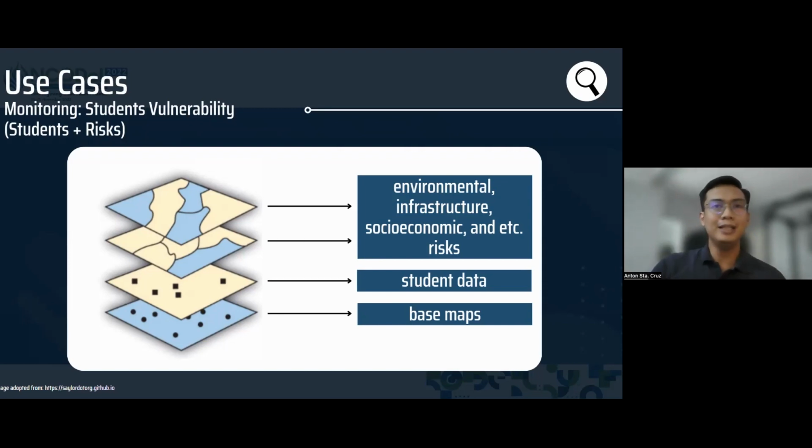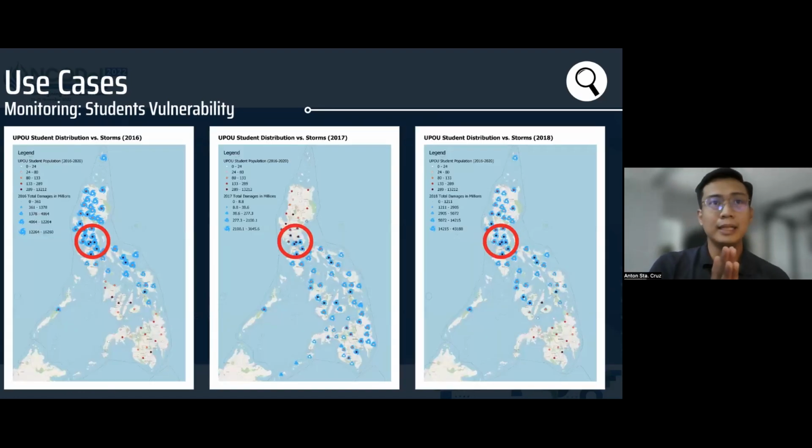Viewing the different maps of those parameters I've mentioned individually might not be that insightful. So these different data sources can be overlaid to further get insights. One example is combining the student distribution and the storm damages from 2016 to 2018. What we are looking at right now is the UPOU student distribution versus the damages from storms from 2016 to 2018.